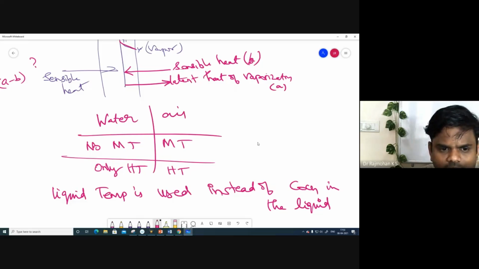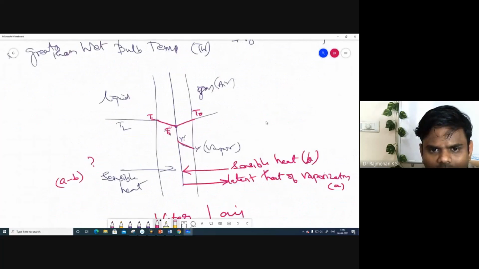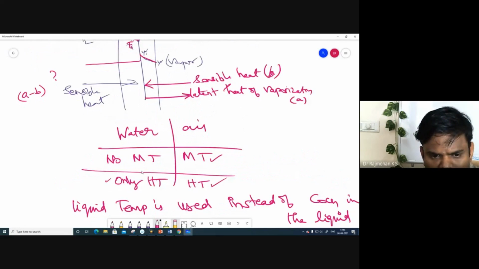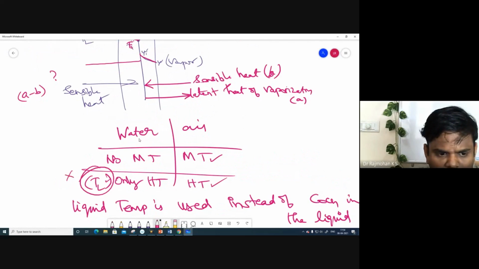So in the water side there is no mass transfer, but only heat transfer is taking place. But whereas in air side we have mass transfer as well as heat transfer taking place. That's what we have seen from both these diagrams. With respect to liquid, the concentration term is 0, right? We have already seen that the concentration profile is going to be flat, right? So we have no mass transfer taking place, only heat transfer in the water phase. That way the temperature of the liquid is going to be an important parameter we are going to make use of. That's what I wanted to convey here.